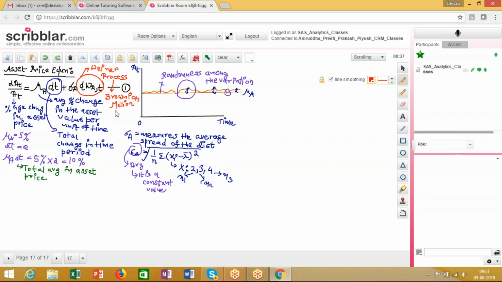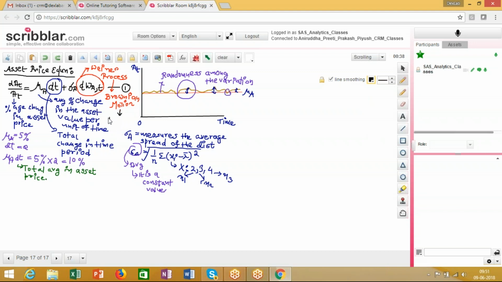Now, Brownian motion for us, in most of these financial variables, there is a considerable amount of randomness involved, right? So this part will be your Brownian motion. What is Brownian motion at the end of the day for us?